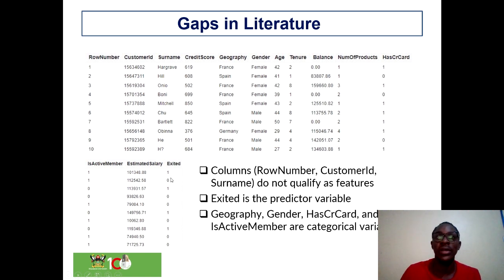And then we can see that the exited variable is our predictor variable because it specifies whether or not the customer churns. And then we have a number of categorical variables, and these include the geography, the gender, whether or not the customer has a credit card, and whether they are an active member or not.